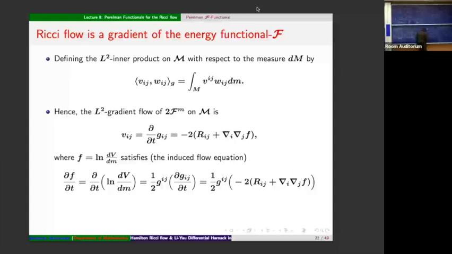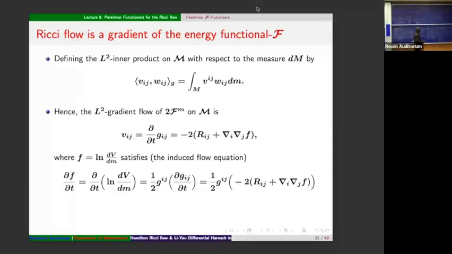So this implies that you can define F as ln of dV over dm. So taking the partial derivative of F with respect to t, okay, you have this now under Ricci flow.